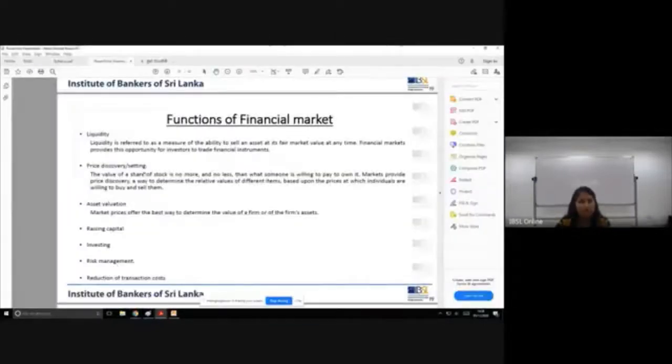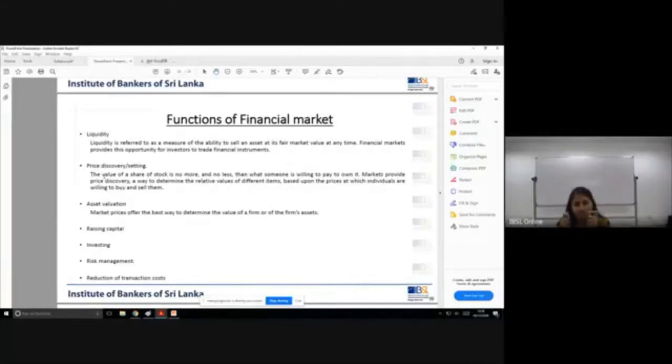Next, you have price discovery. Price discovery means it helps you to identify the price of that particular asset. What is the market willing to pay for that particular financial instrument?